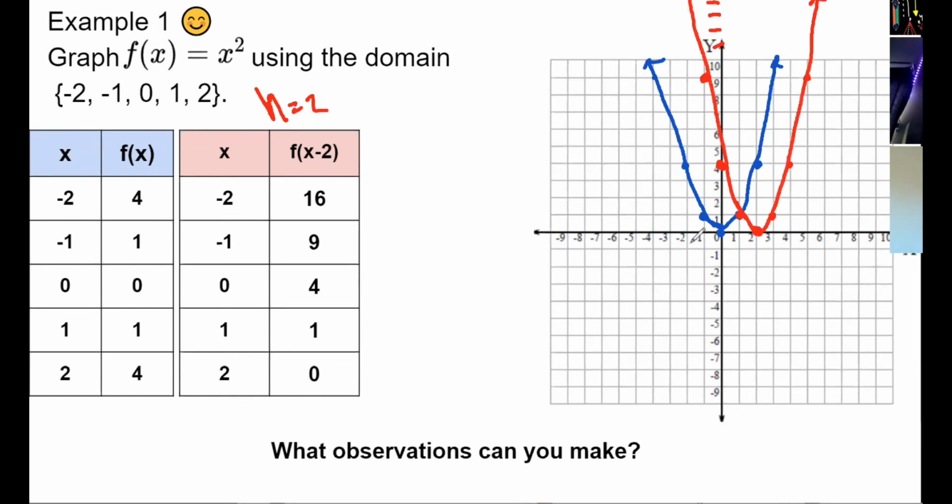All right, so we were already able to see that our blue graph, our first function is here. This is our f of x. And our red graph, this is our f of x minus 2. Something happened to those positions, right?